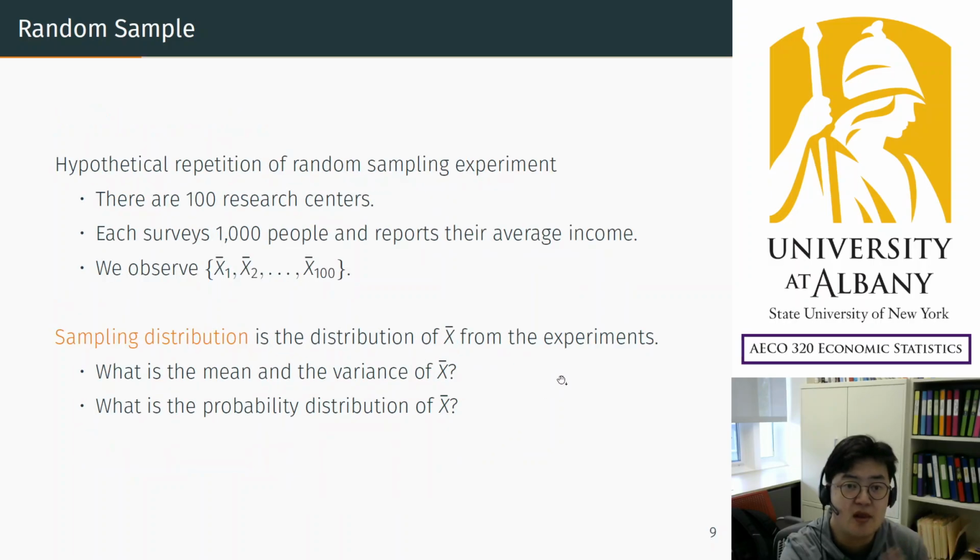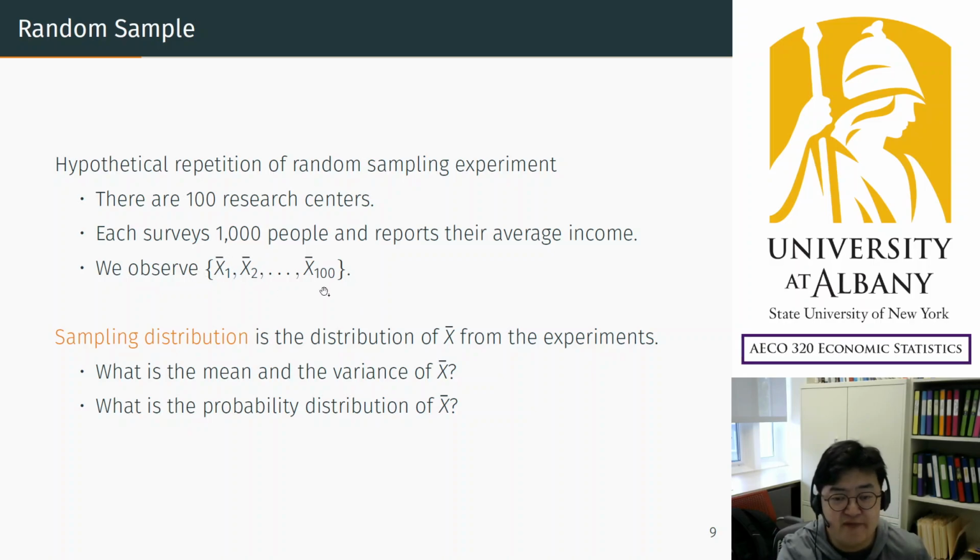So this is an important concept. So hypothetical repetition of random sampling experiments is like this. You imagine 100 research centers, and each research center surveys 1,000 people, and they report their average income. So in this case, what we observe is not 100,000, but 100 averages, right? One research center is one experiment.